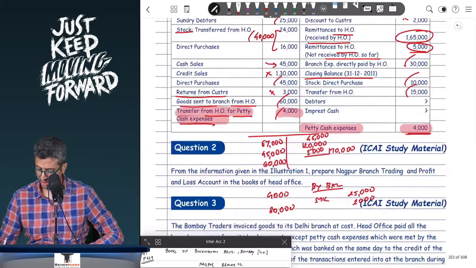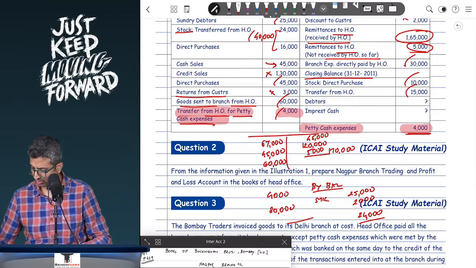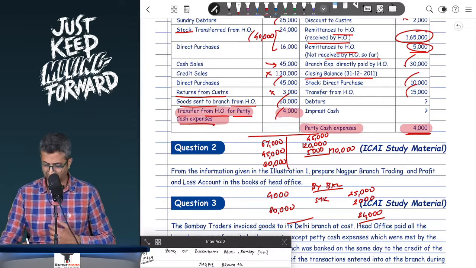So if I go to see, this is probably 24,000. Now if I sit to calculate the profit, the balancing figure like 170 plus 25, I think 51 minus 67, 45, 60, and I believe, is it 15,000?